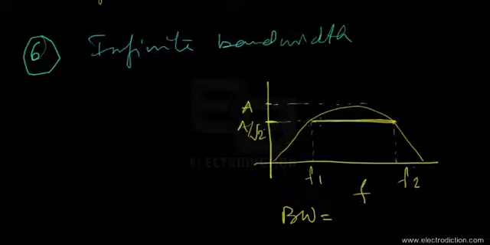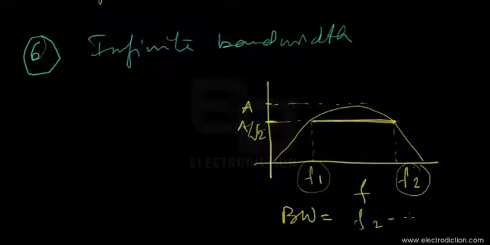The f1 is termed as the lower frequency and f2 is termed as the upper frequency. So the bandwidth of this amplifier under discussion would be given by the difference between the two frequencies, the range of frequencies occurring between them.